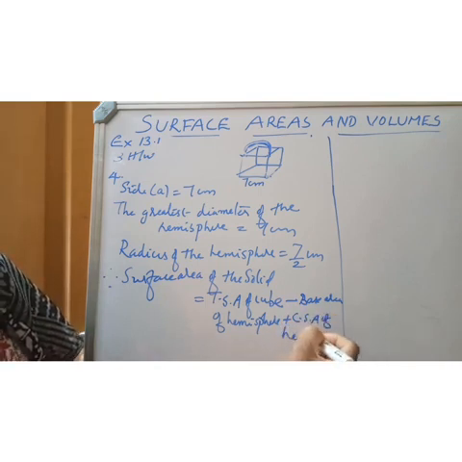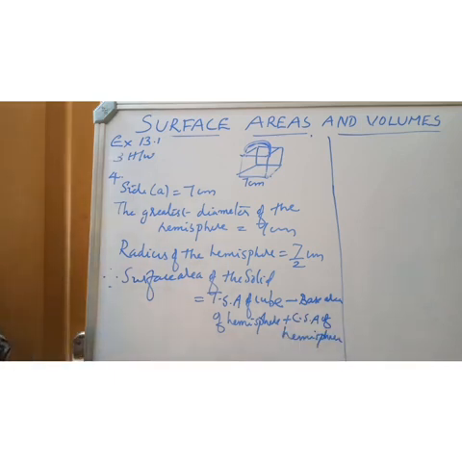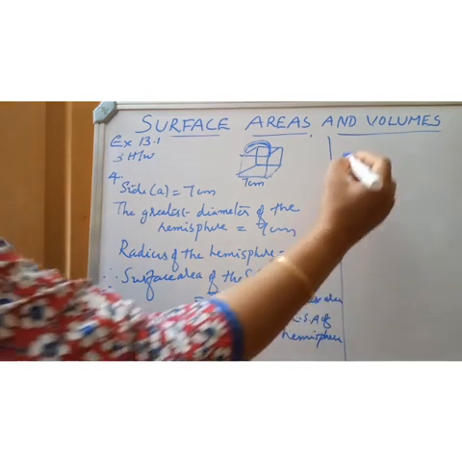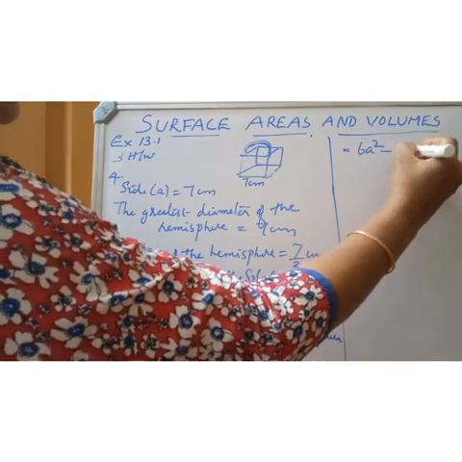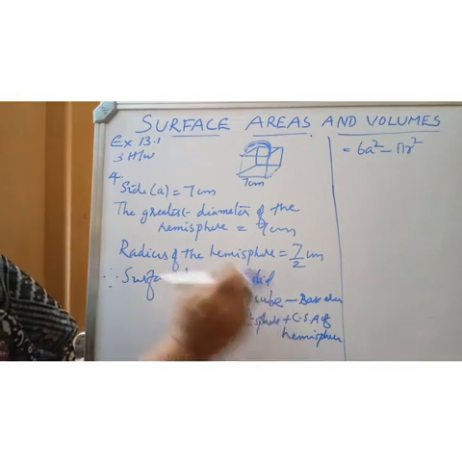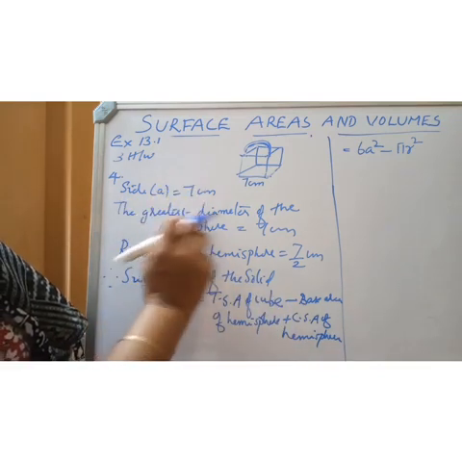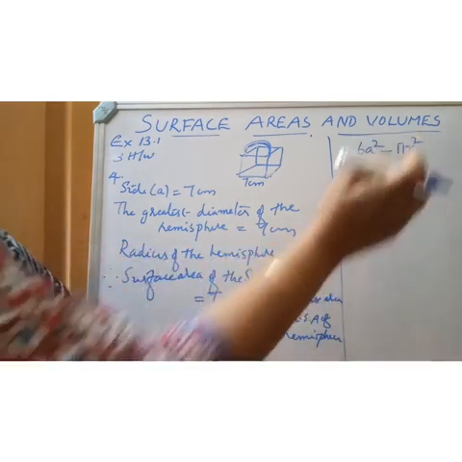Then in the first module also I gave all the formulas. Okay. So learn the formulas by heart and we can apply them. What is TSA of a cube? What is the formula? Side a means 6a square minus pi r square, because area of a circle is pi r square. So here r, radius of the hemisphere, is 7 by 2. Okay, that value only you must apply here.